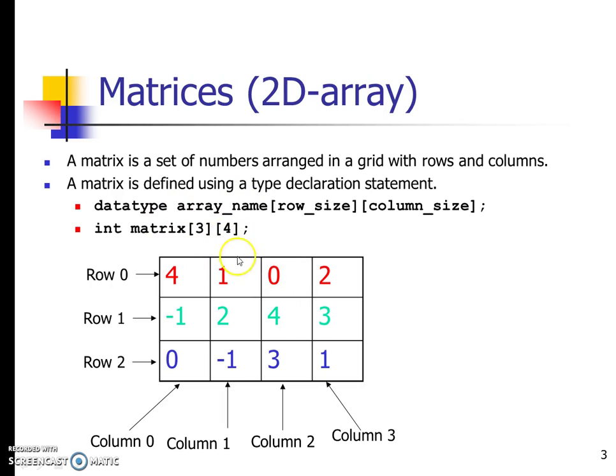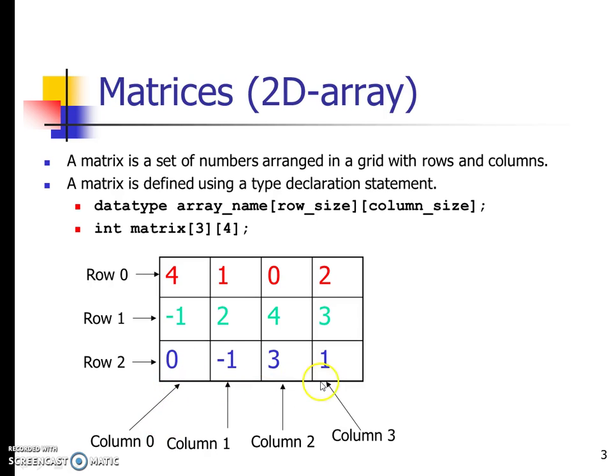If we display it in table form, this will be the first row, the second row, and the third row. But in C programming, the first subscript, the index, will be 0, that is, number minus 1. That means the first row will be designated as row 0 and the first column will be denoted as column 0.